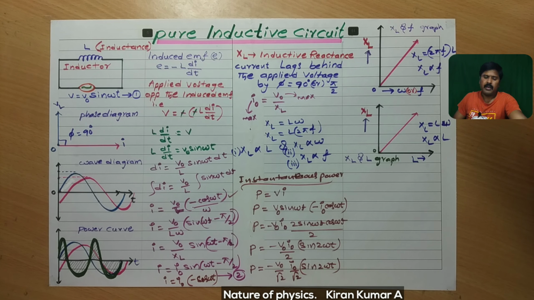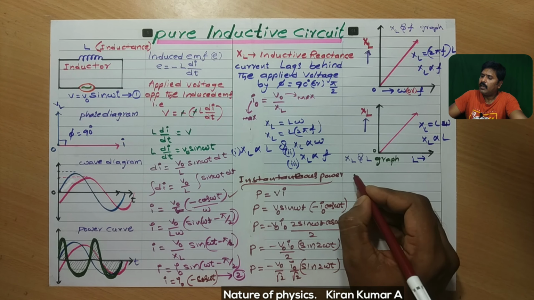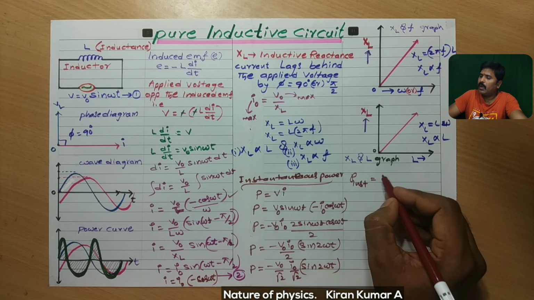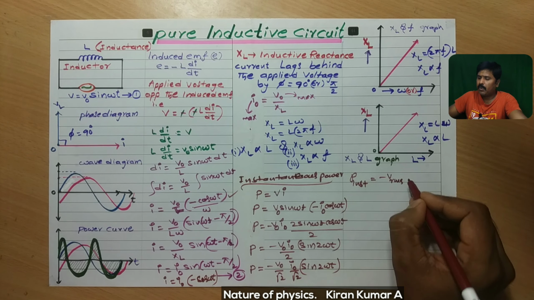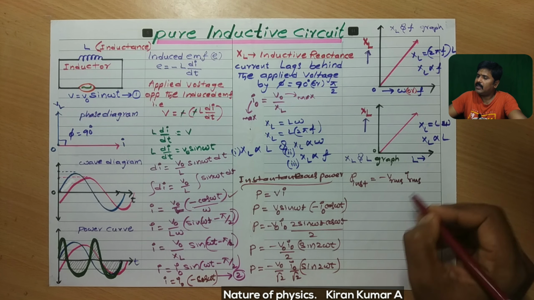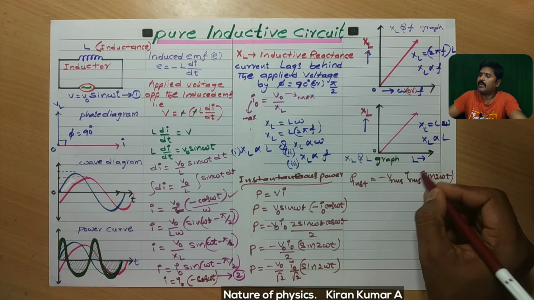Okay, and continuing, next step we can write the P instantaneous, which is equal to V0 by root 2, that is V RMS, and I0 by root 2, which is I RMS, that is, sin 2ωt, students.